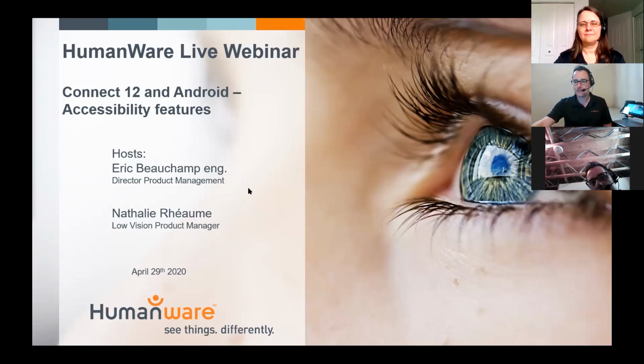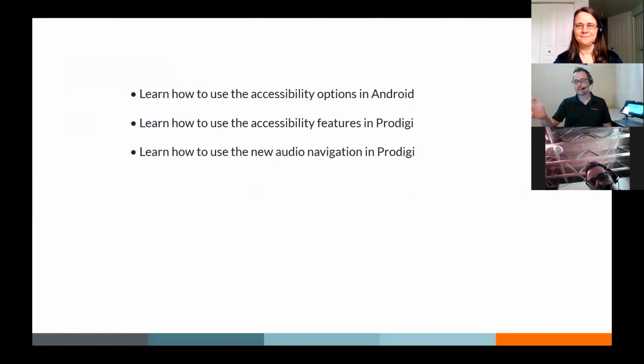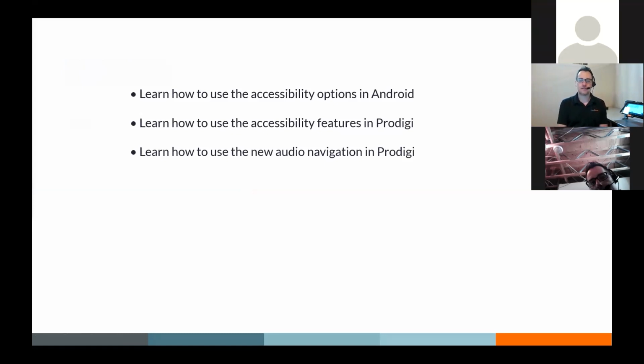So let's start. My second slide is really the learning objectives of this webinar: learn how to use the accessibility options in Android, learn how to use the accessibility features in Prodigy, and learn how to use the new audio navigation in Prodigy. Basically, we're going to start off with TalkBack, how to navigate through Android menus and screens.